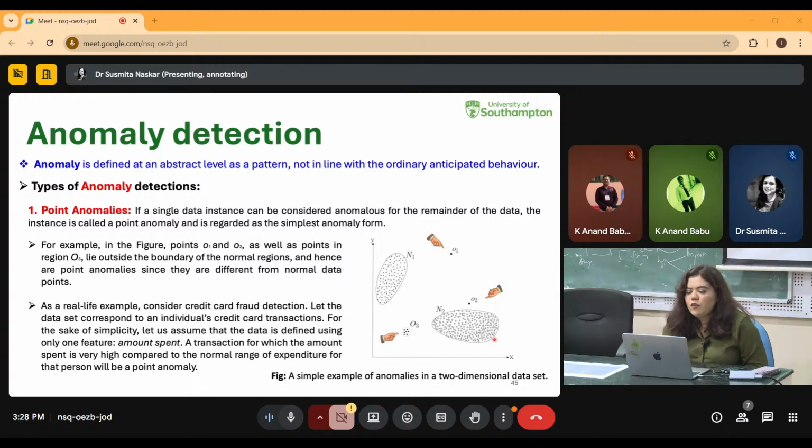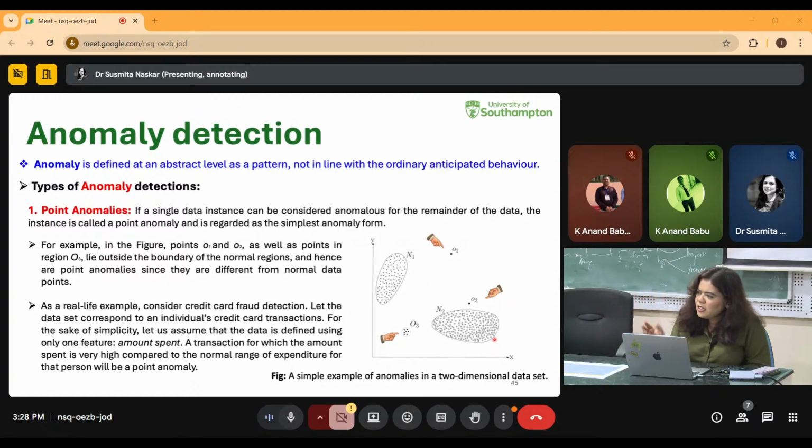If you are tracking the amount spent, maybe you have some amount you always use. When a transaction with an unusually high amount compared to the normal spending comes in, you always get a call from the bank, right? That's because they understand there is some kind of fraud. This is the simplest case, where the point does not fit into the set of data. It goes outside the data. We do not consider any other circumstances.